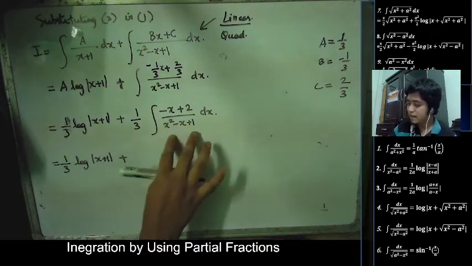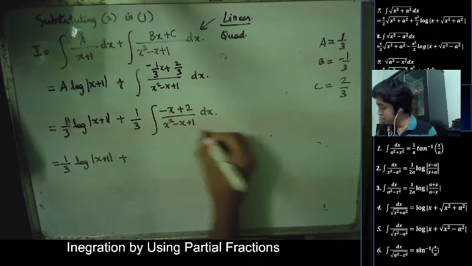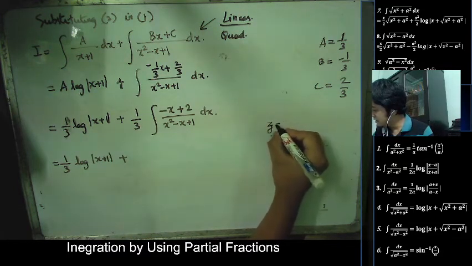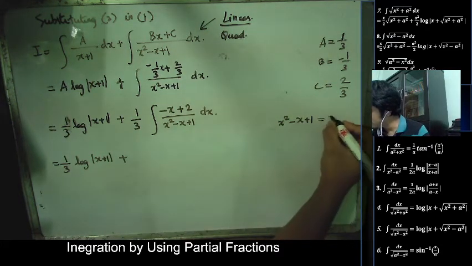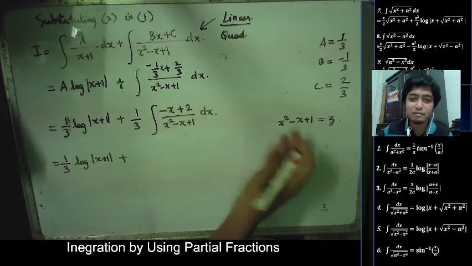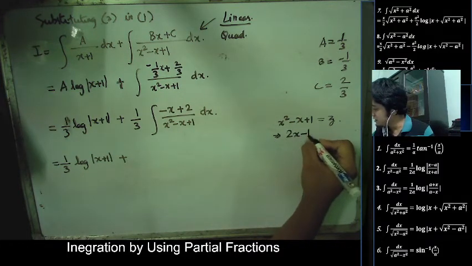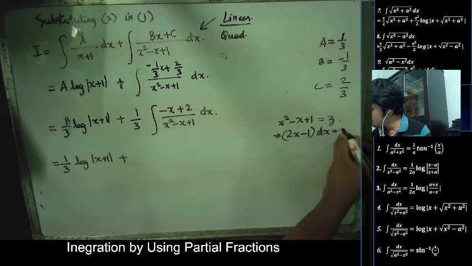Now, how will I evaluate this integration? If you remember, I will have to substitute z, this whole denominator equal to z. Then I will have to differentiate it. If I differentiate it, I will be getting 2x minus 1 dx equal to dz.